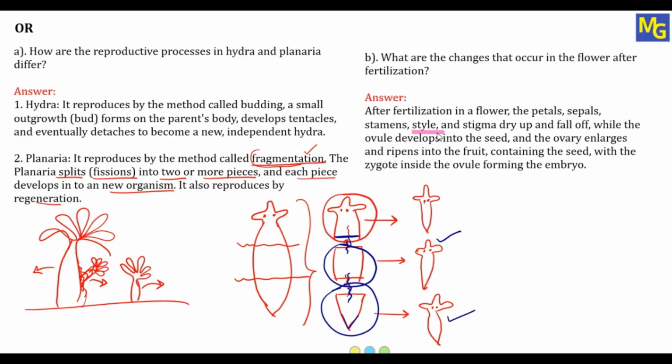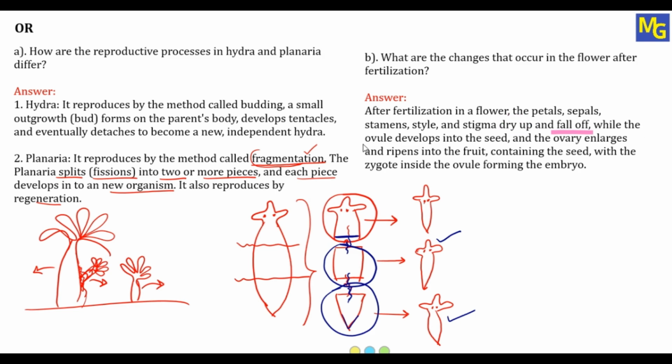Style is the female reproductive part, and stigma is where the pollen grain will fall. So all their work will get over. Petals attract the insect. With the help of the insects' wings or legs, pollen grain will fall on the stigma. Sepals will hold the flower. Stamens are male reproductive, style is female reproductive. So the work of all these parts will get over, and therefore once the fertilization takes place, they all will dry and fall off.